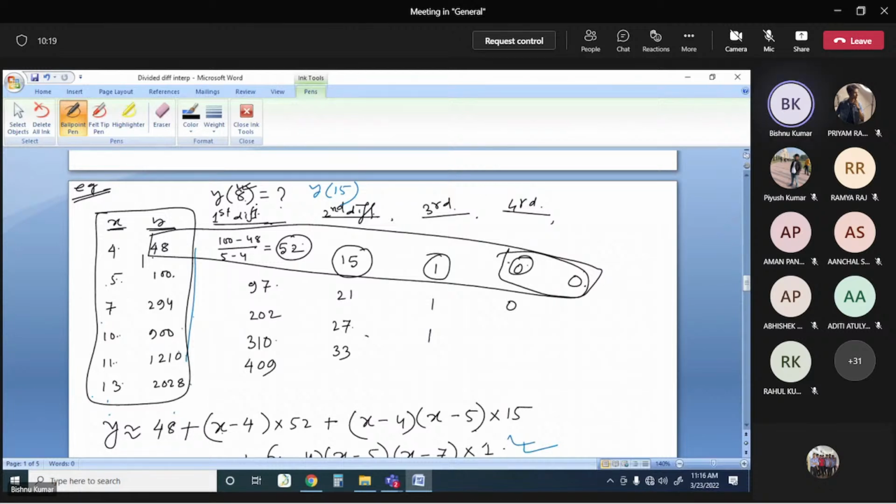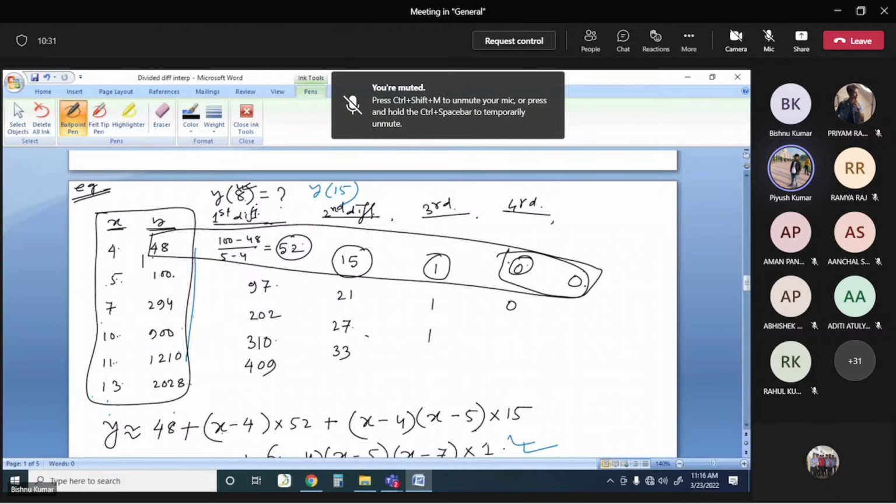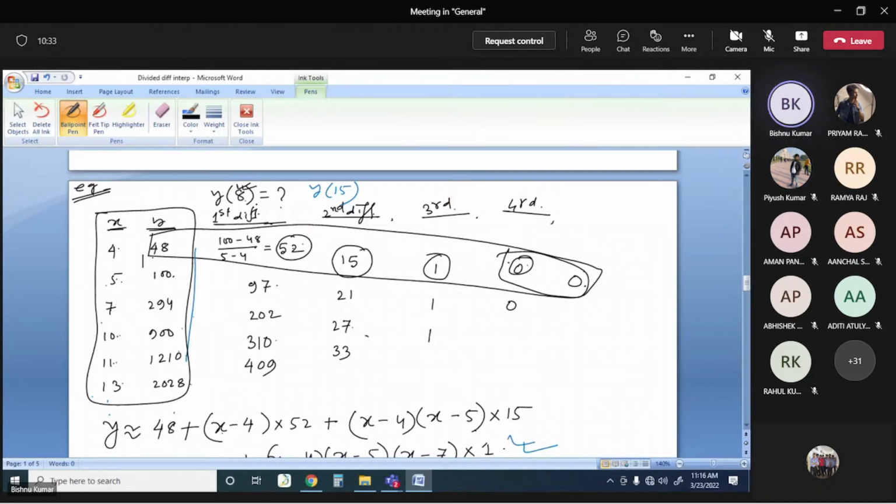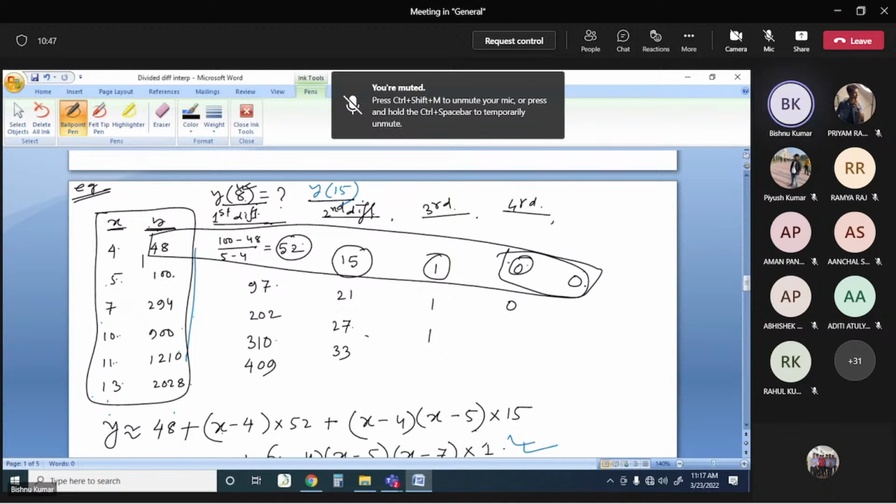Suppose these data sets, are you seeing this example? Students, are you seeing this example? Yes, sir. Now tell me, we know Newton forward and backward, can we use those two techniques for this example? Yes or no?